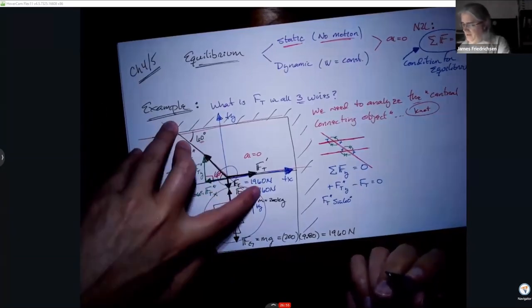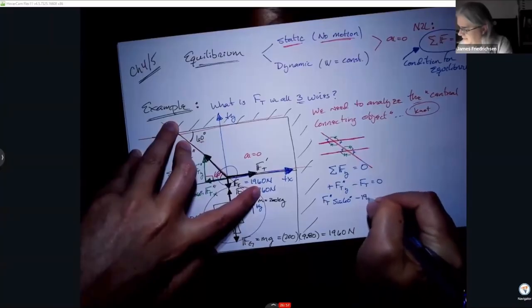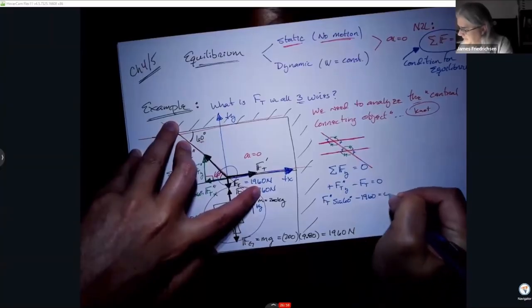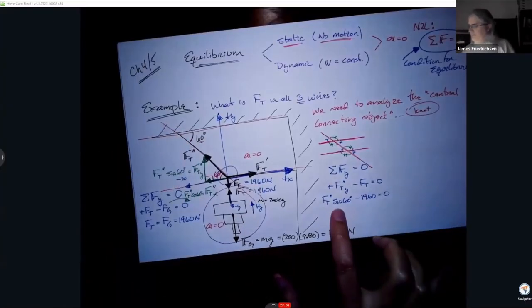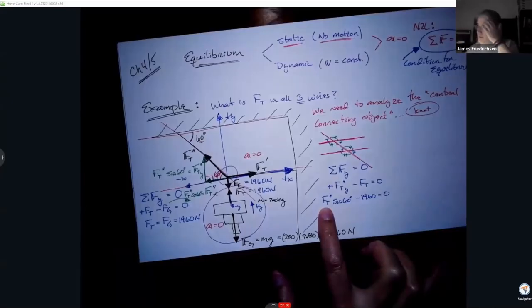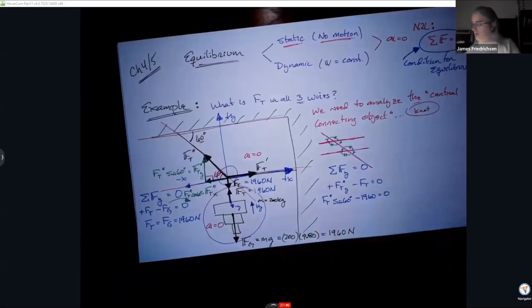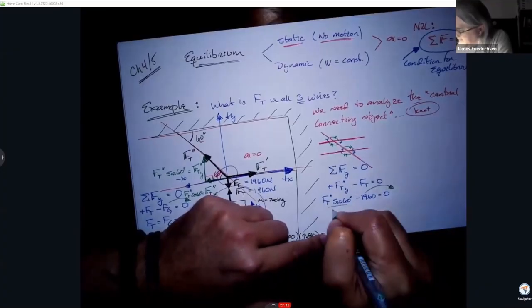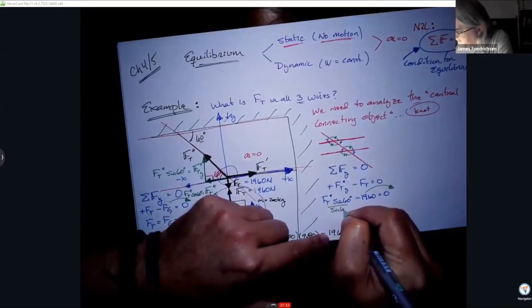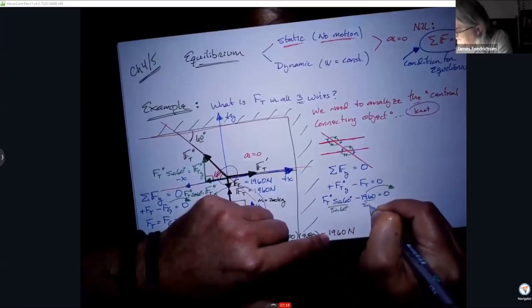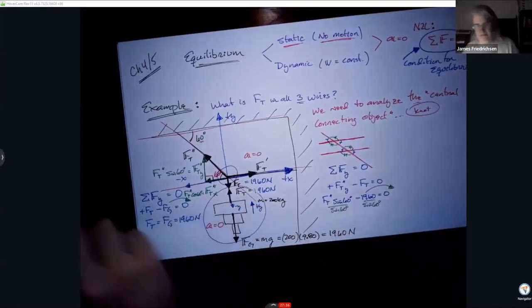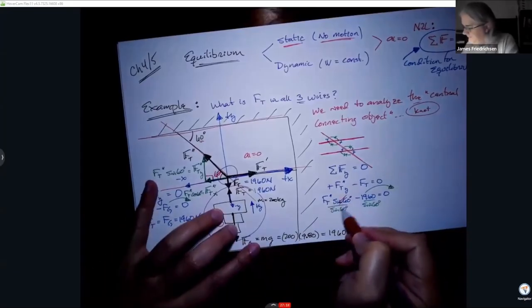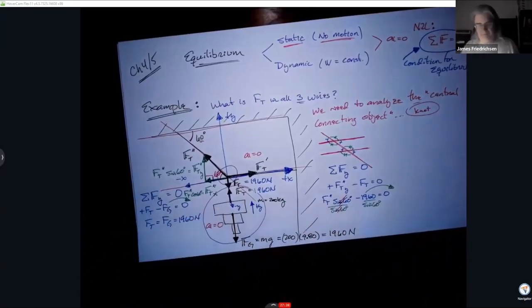And then the ft going down will be minus our 1960 equals 0. Notice that we have one unknown, ft double prime. So we move this to the other side and divide both terms by the sine of 60. This will solve for ft double prime.